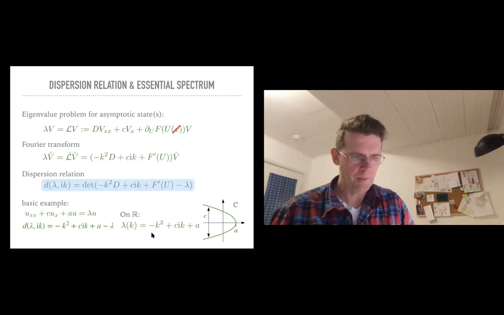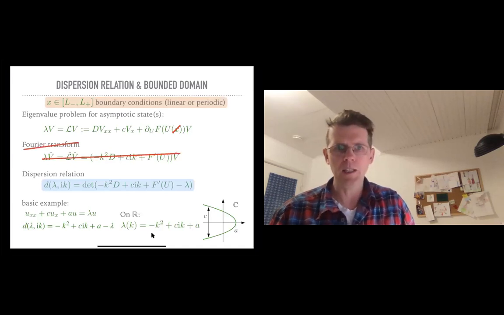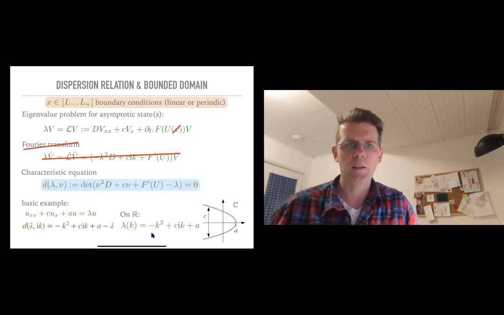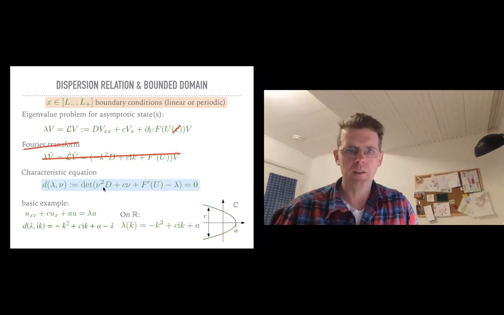Right, and now we have to look at what happens on a bounded domain. As it turns out, then the situation, of course, changes somewhat. We replace the Fourier transform by the characteristic equation, and that gives us, instead of the purely imaginary Fourier wave number, a complex number nu here.